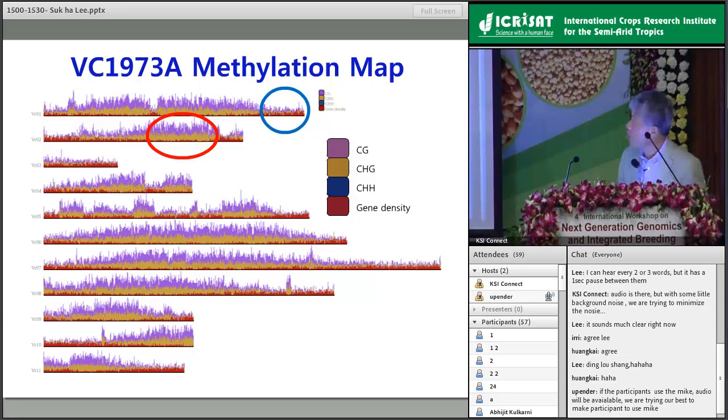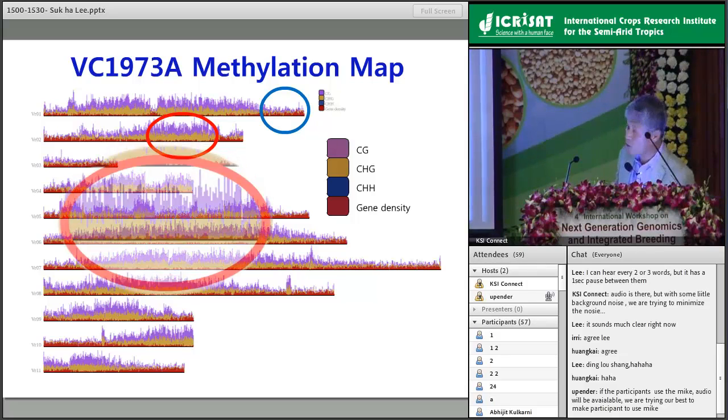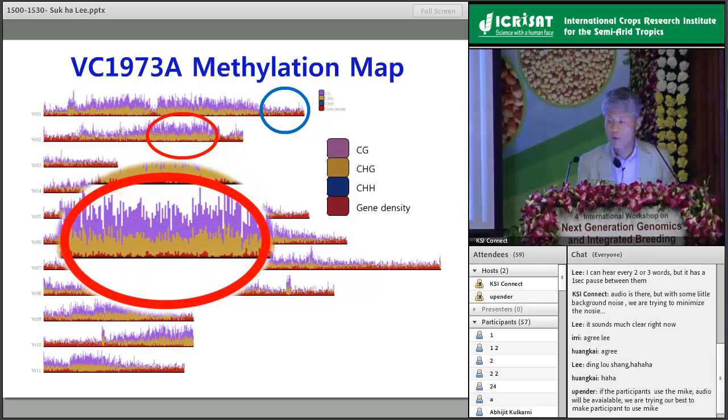We also located all the methylation in mungbean. This is one of the patterns, VC19738. You can see, for example, the gene density is pretty low. It's probably heterochromatin regions that had a higher frequency of methylation.